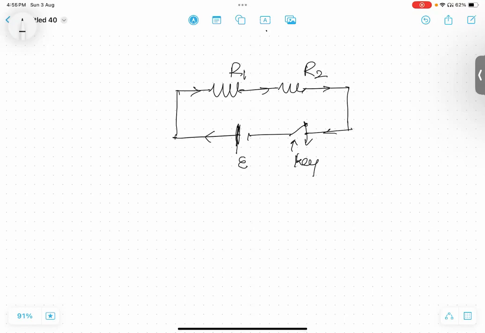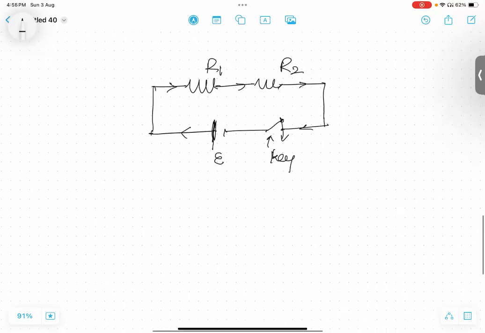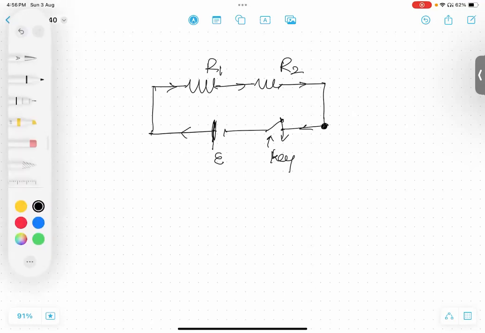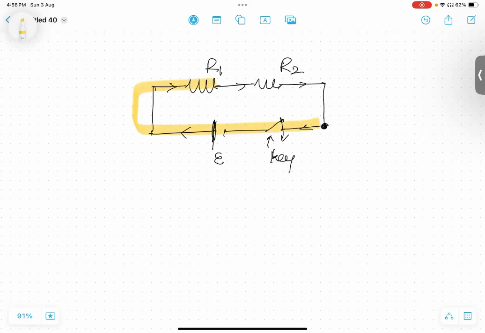Now understand. To apply Kirchhoff voltage law, take any point on the loop. Here is one complete loop. This is one loop.